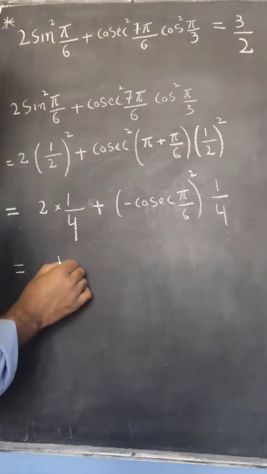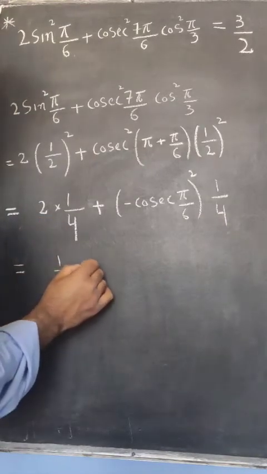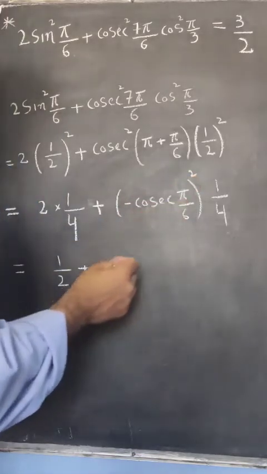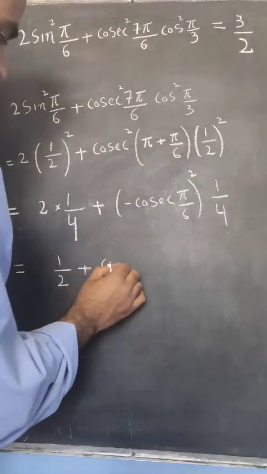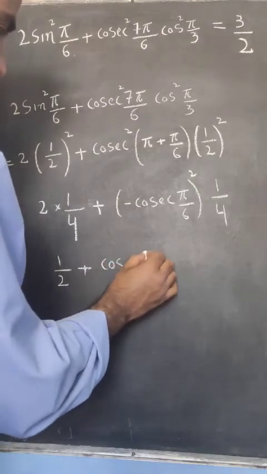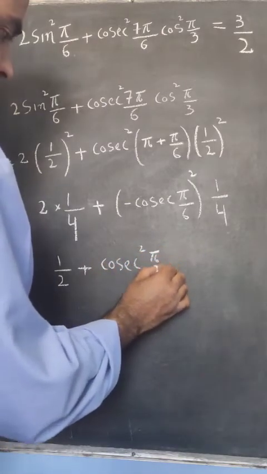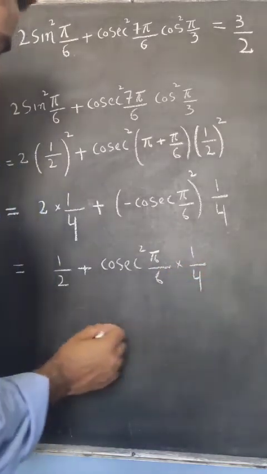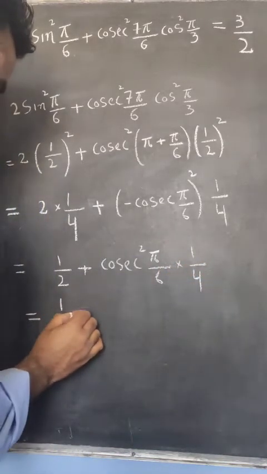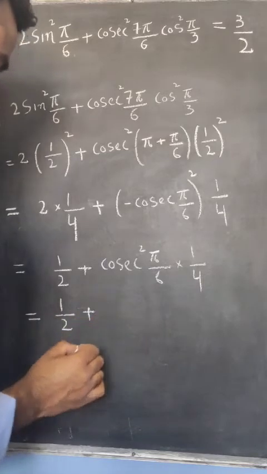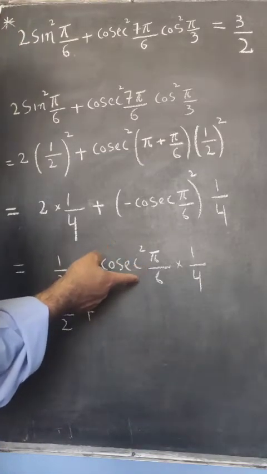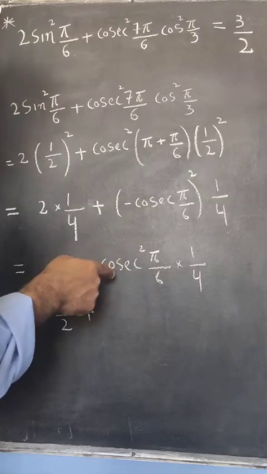which is further equal to 2 by 4, that is equal to 1 by 2, plus, it is minus times, but here we have square, so it becomes plus cosecant square pi by 6 into 1 by 4, which is further equal to 1 by 2 plus, now we know that cosecant 30 is equal to 2, as cosecant is reciprocal of sine.